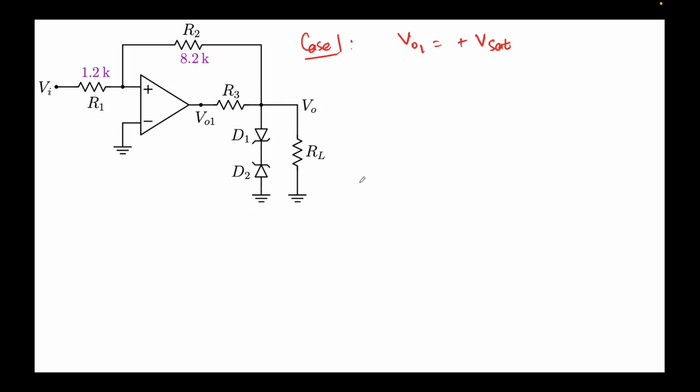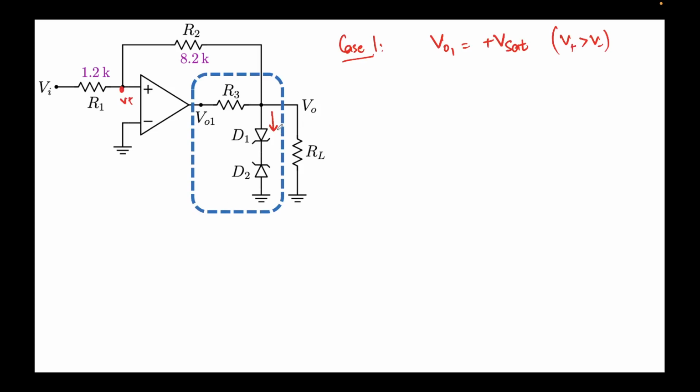So this would mean that D1 is forward biased and D2 is reverse biased. Now in order for the current to flow, D2 should not only be reverse biased but in Zener breakdown mode. So I'll write that.